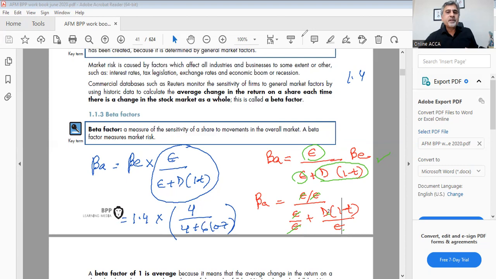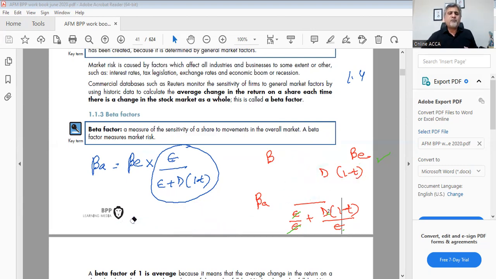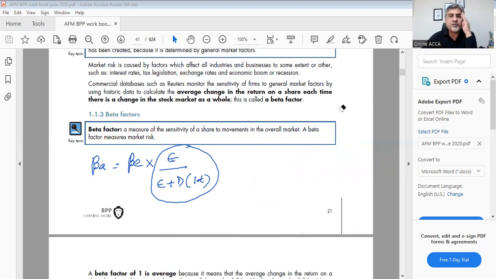So what if it comes to your mind, oh, the formula is very difficult, I can't remember the formula? What do you do? Nothing. What do you want to do? Convert equity beta into asset beta. So multiply equity beta with this equity proportion. That's all.